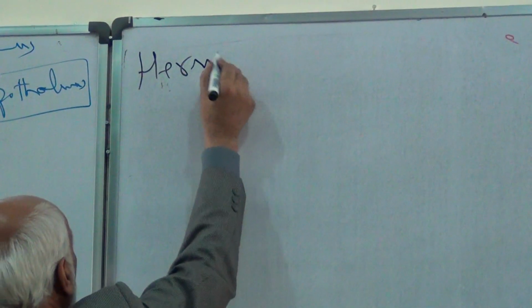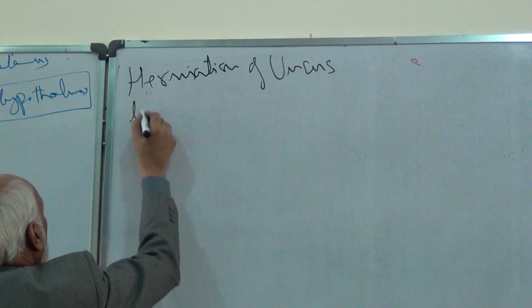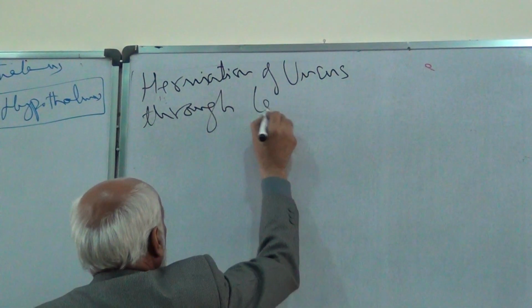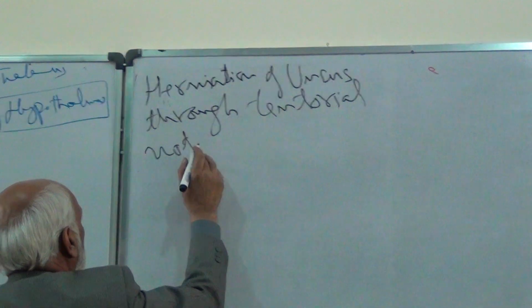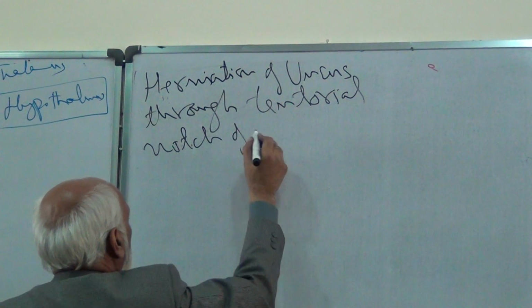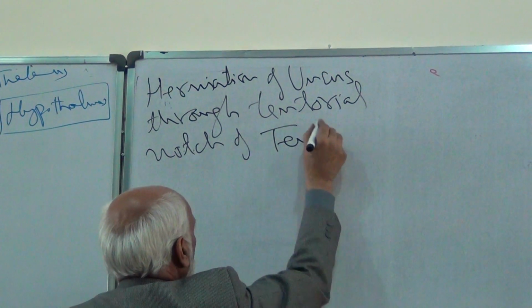Next important lesion related to the midbrain is herniation of the uncus through the tentorial notch of the tentorium cerebelli.